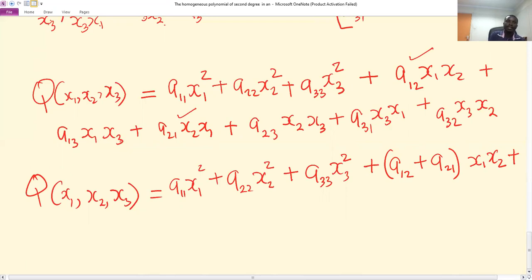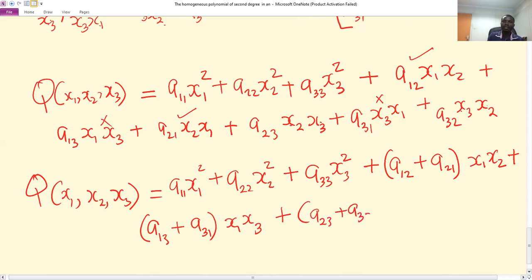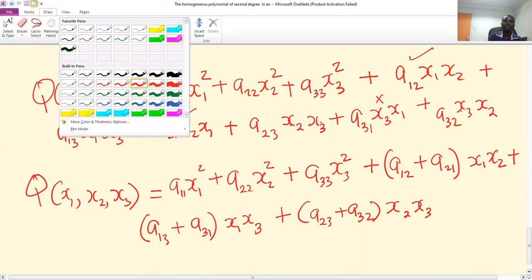And then x1, x3 and x3, x1, they're the same. So just have A13 plus A31, and then you multiply by x1, x3. So taken care of this, taken care of this. Now x2, x3 and x3, x2 is the same product. So we write A23 plus A32, then you multiply by x2, x3. So this is the quadratic form for 3 variables, x1, x2, and x3.